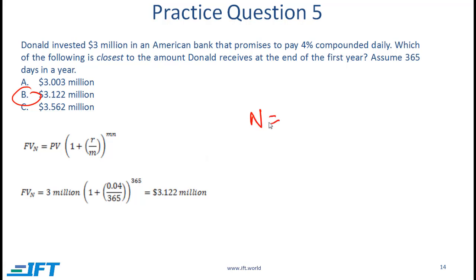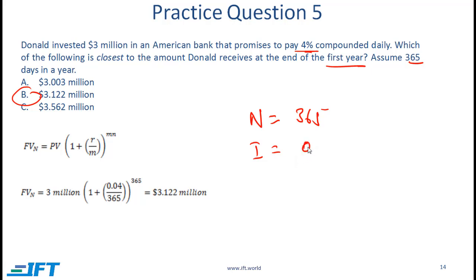The number of periods here is equal to 365. Why? Because we just have 1 year, but we are assuming daily compounding. So every day is a period. The interest rate that you will have to plug in is equal to 4%, which is the stated annual rate.